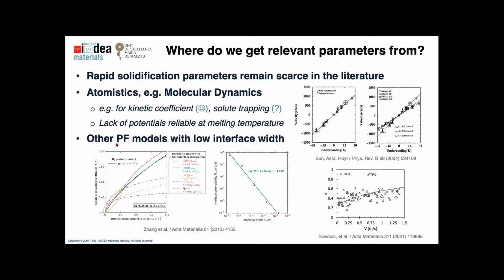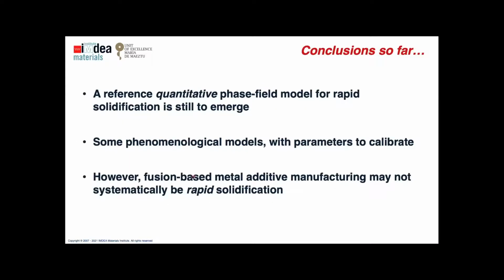Or you can calibrate with these other phase field models that I've discussed in the beginning, that are actually quantitative as long as you have an interface width that remains small. And then you can calibrate your permeability as a function of your diffuse interface width.